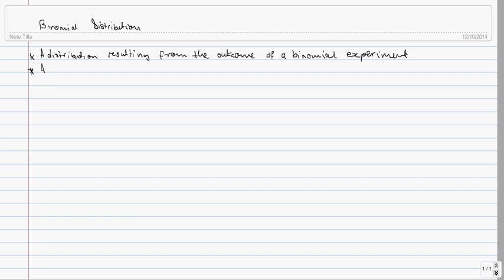A binomial experiment usually involves several repetitions.